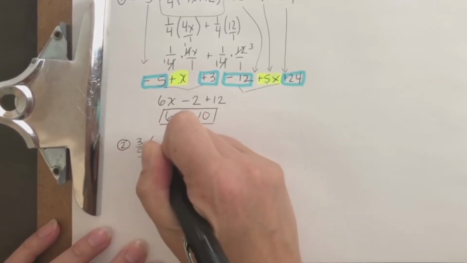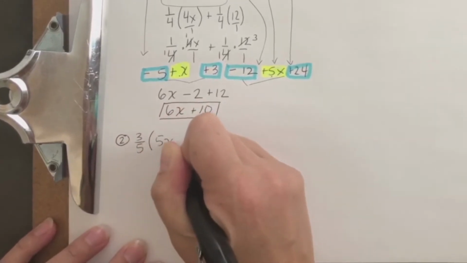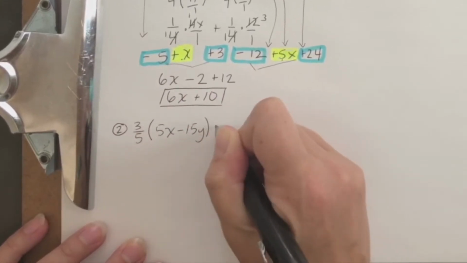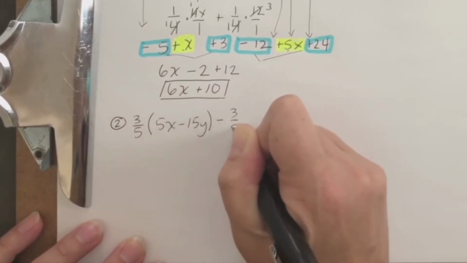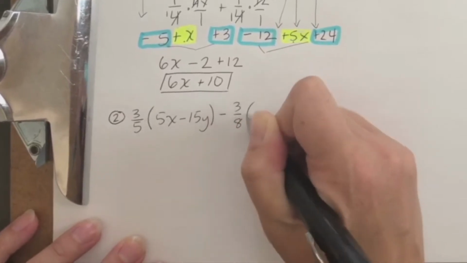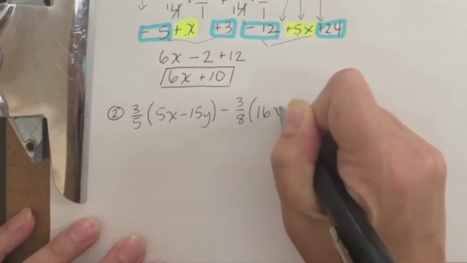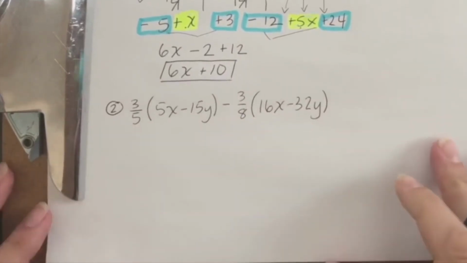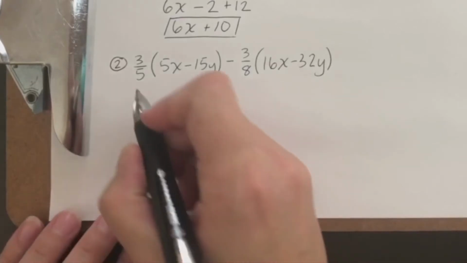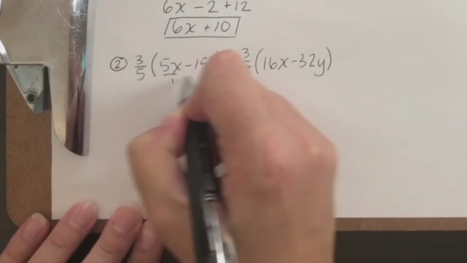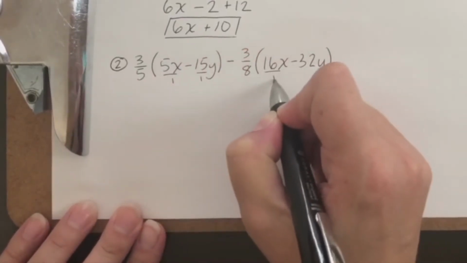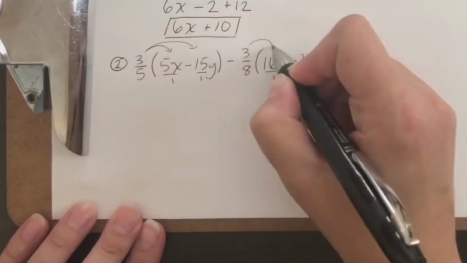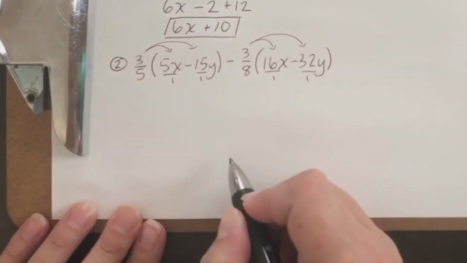3/5 (5x minus 15y) minus 3/8 (16x minus 32y). So let's go ahead and put these guys over 1s, and then write this out again as I distribute these fractions.